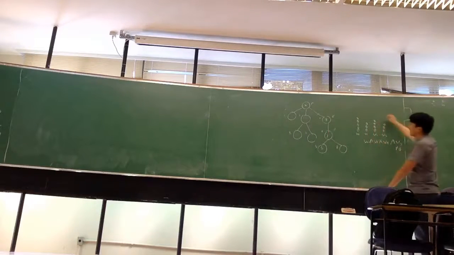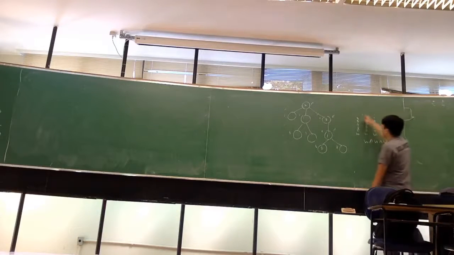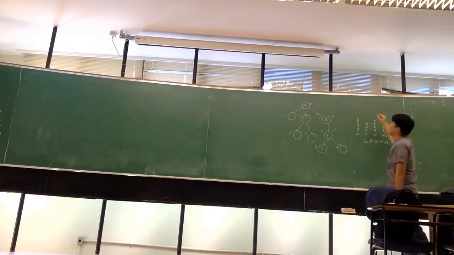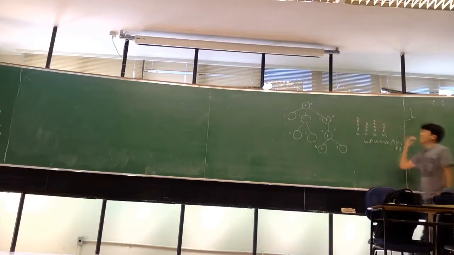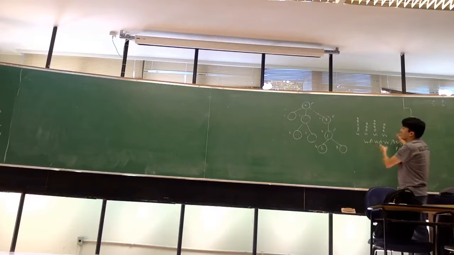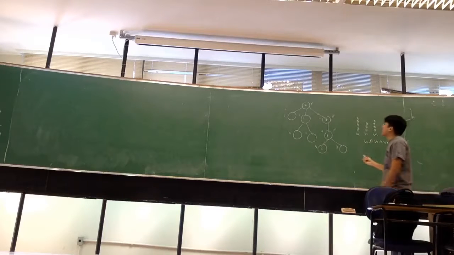If you construct this secondary game where the number of stones in each pile is equal to the amount of points in the odd vertices, then if this configuration is winning, you can show that this configuration is also winning. And what the first player needs to do is basically play the nim game.